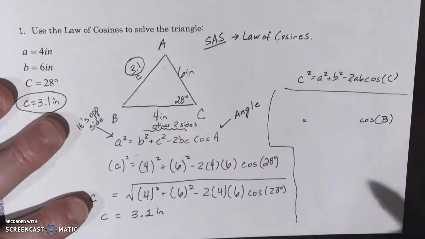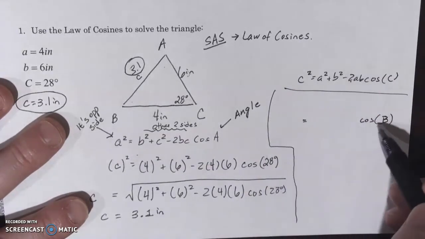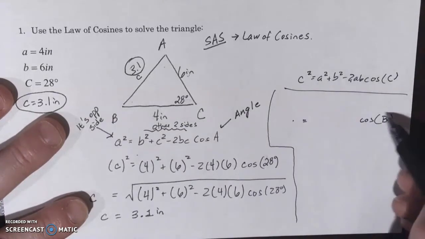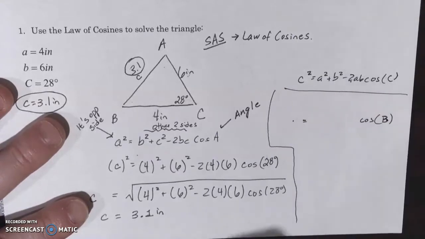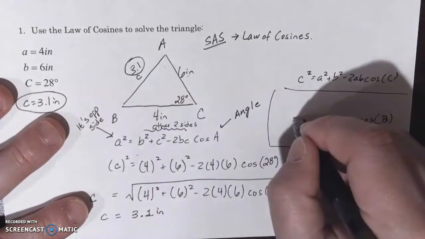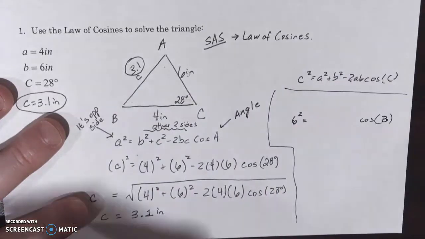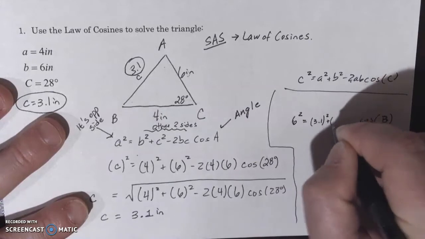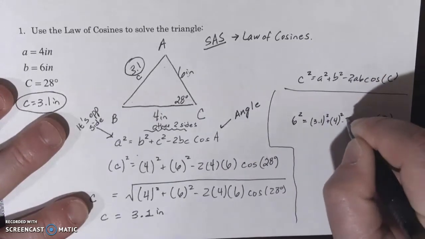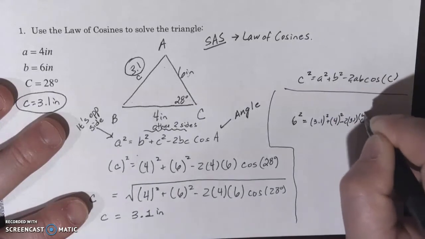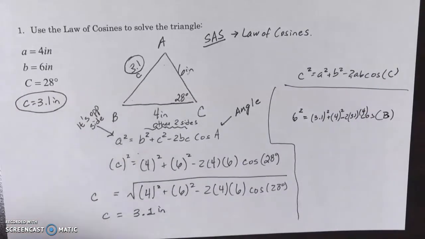This is how we're going to solve for angle B. Now remember, the angle and its opposite side would be with the cosine and then on the other side of the equal sign. The opposite side from angle B is 6. The other two sides are now 3.1 and 4. I'm going to run out of room here. Minus 2 times 3.1 times 4, cosine of B.